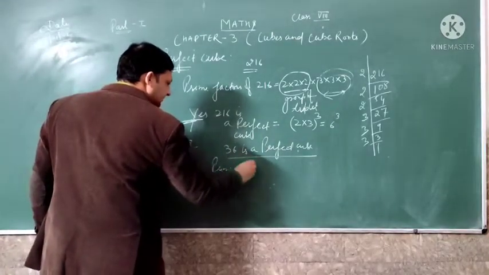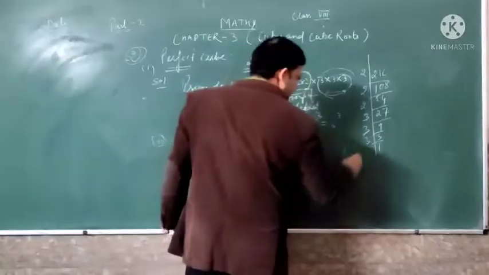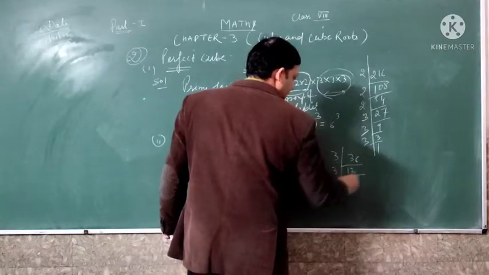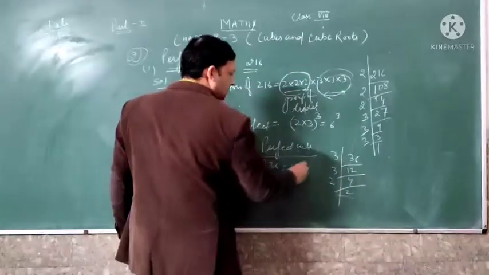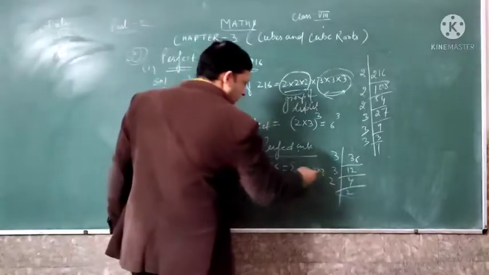Prime factors of 36. See again, 36: 3 1 is 3, 3 2 is 6, 3 4 is 12, 2 2 is 4. So it means 2 times 2, 2 times 3. These are not a complete group.